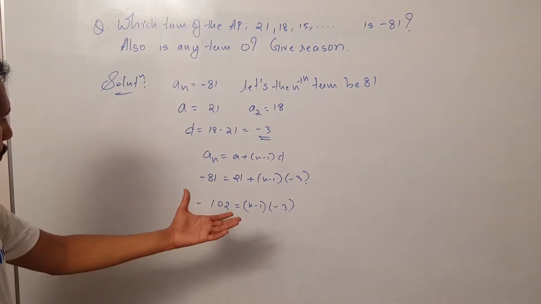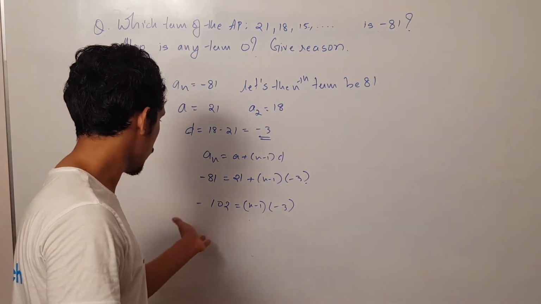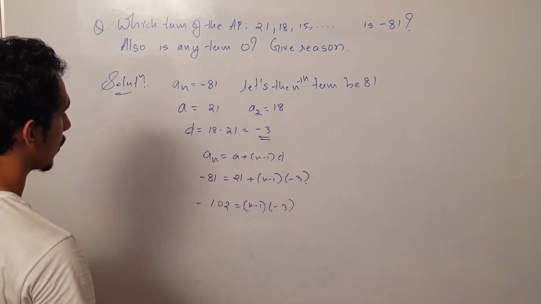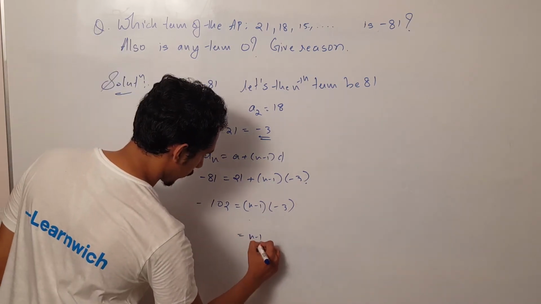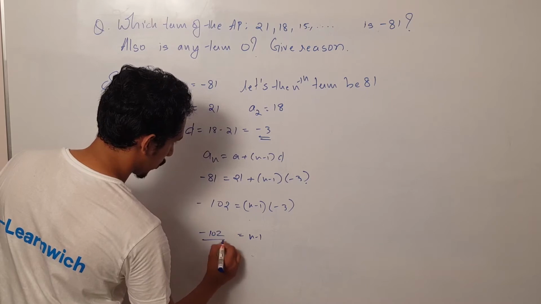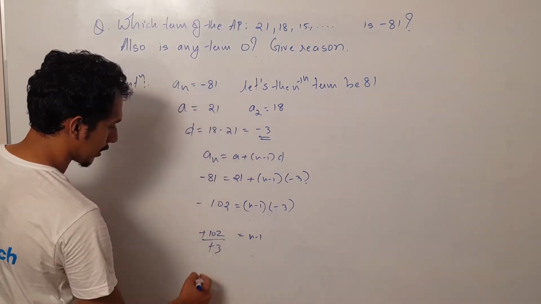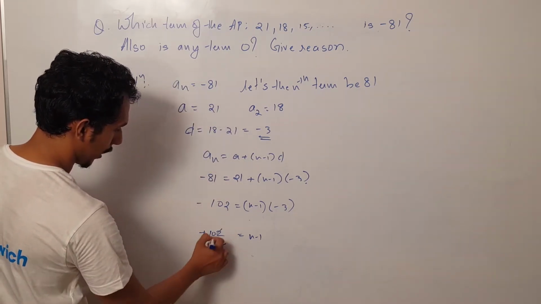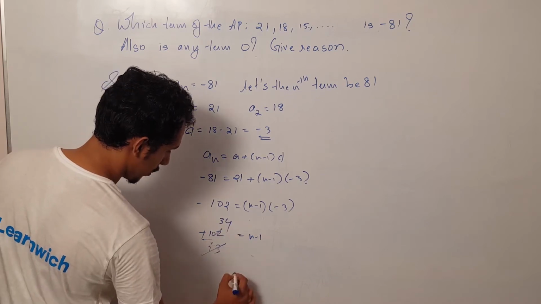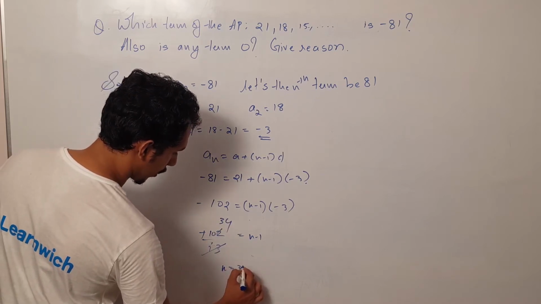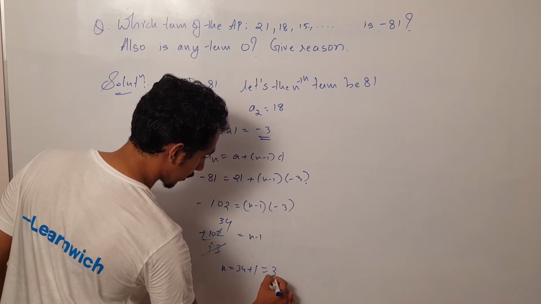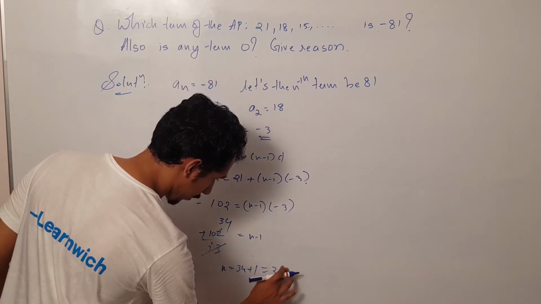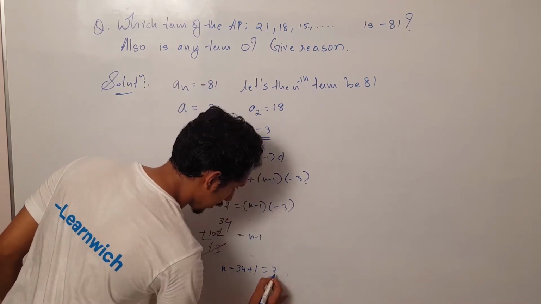You can see that 1 plus 0 plus 2 is 3, so it's divisible by 3. When you cancel it, you get n minus 1 is equal to minus 102 by minus 3, the signs cancel, and this will be 34. So n is equal to 34 plus 1. The answer is 35. Sorry, it is 35.